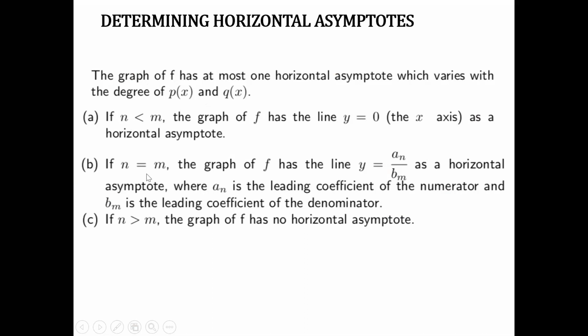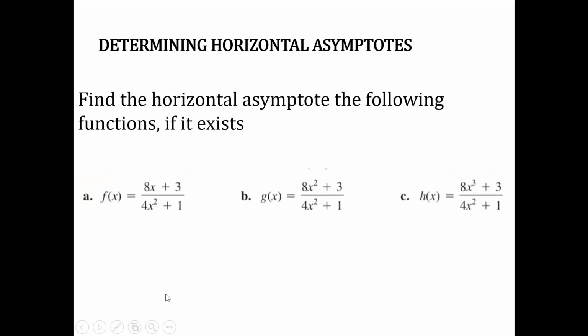If the degrees are equal, you get the ratio of the leading coefficients. And if the numerator's degree is greater than the denominator's, there is no horizontal asymptote. So again, three cases: if it is less than, y equals 0; if it is equal, the ratio of the leading coefficients; and if it is greater than, there is no horizontal asymptote.